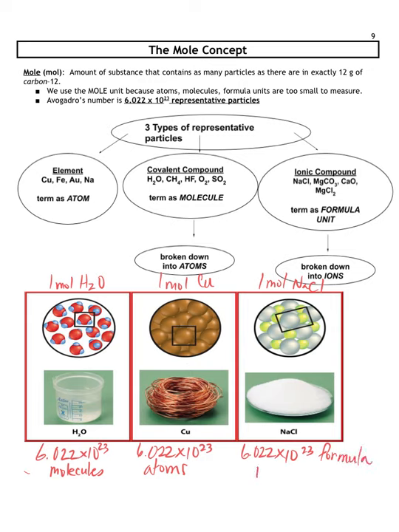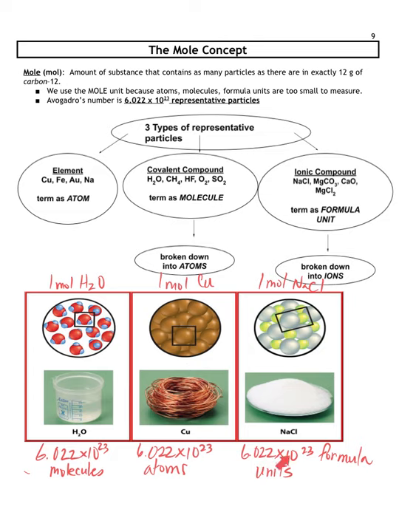Notice I'm using these different terms for these representative particles. Now you're going, how am I going to count out this number of particles for water, as well as for a solid like copper or sodium chloride? Instead of counting them, we weigh them.